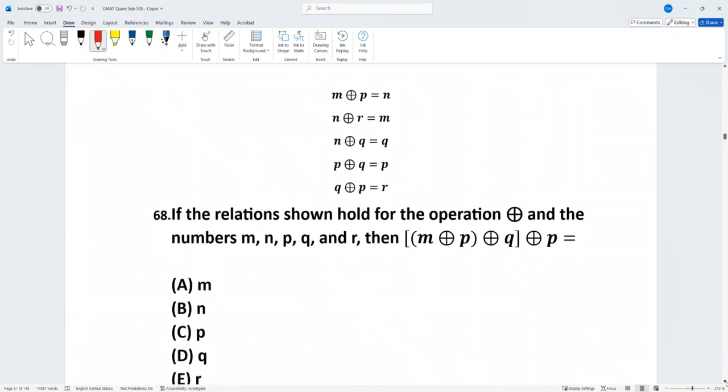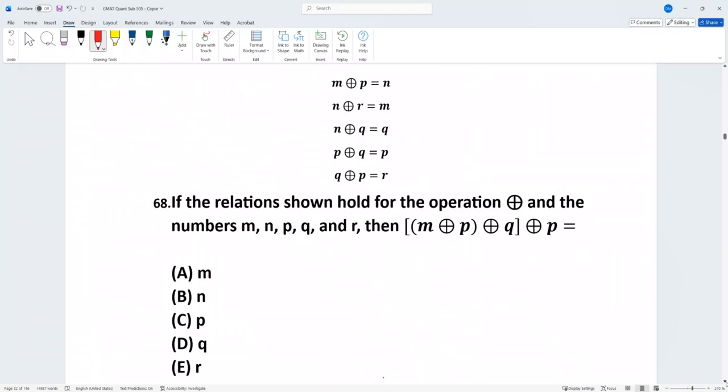Yes, so we have this question. It says, if the relations shown hold for the operation this, and the numbers m, n, p, q, and r, then we have this operation.